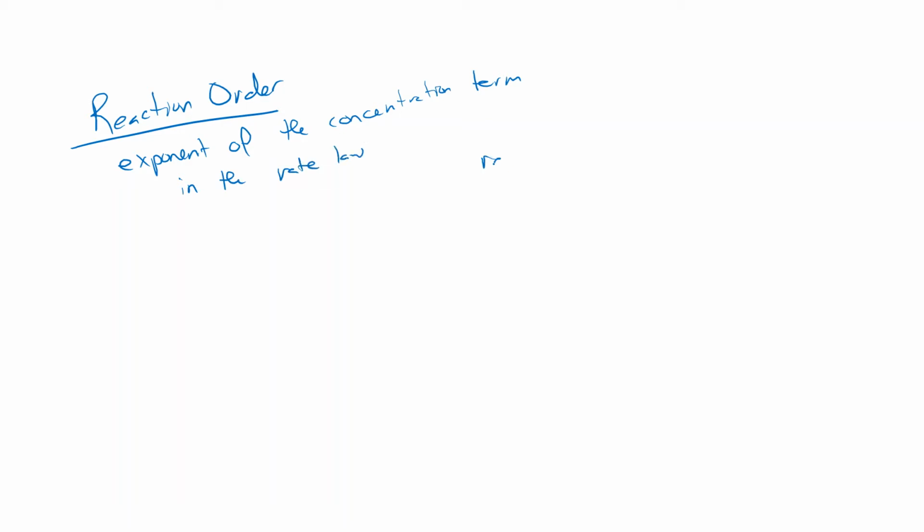So if we have something that says the rate is some K value times the concentration of A times the concentration of B squared, this is first order in A, because A has an exponent of 1.